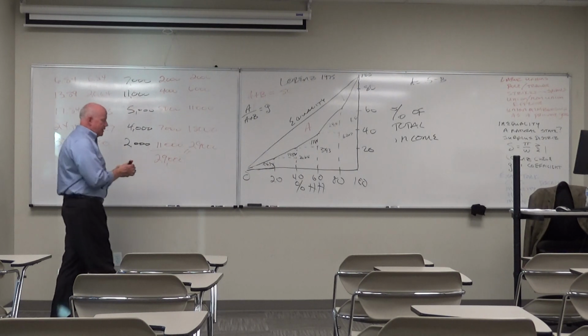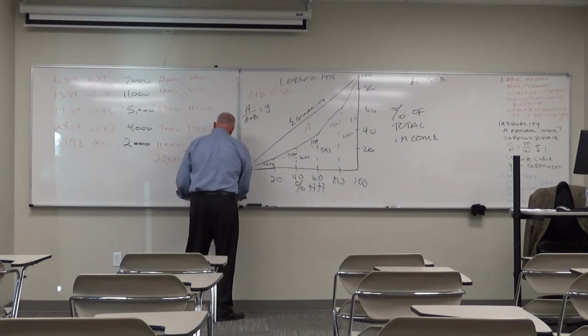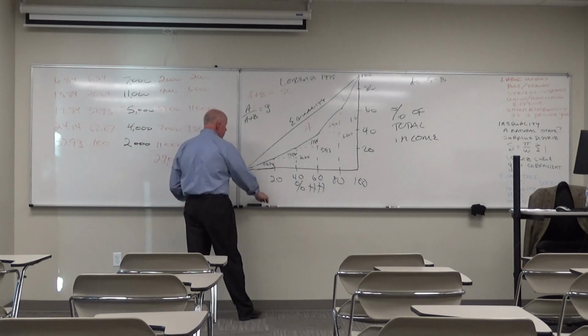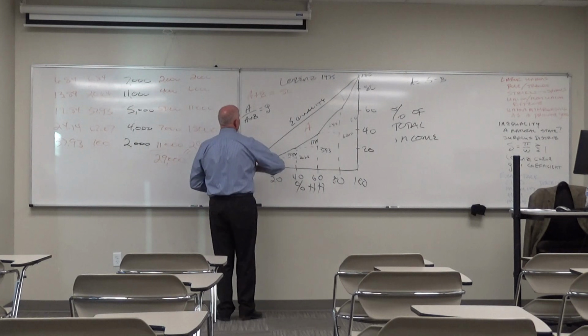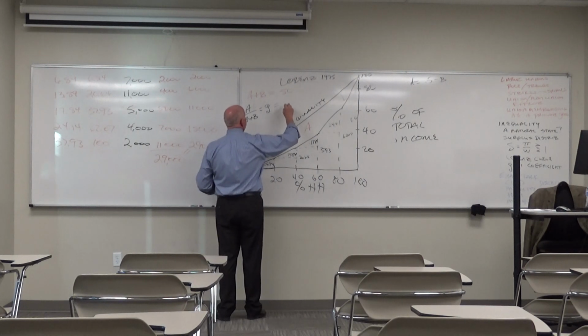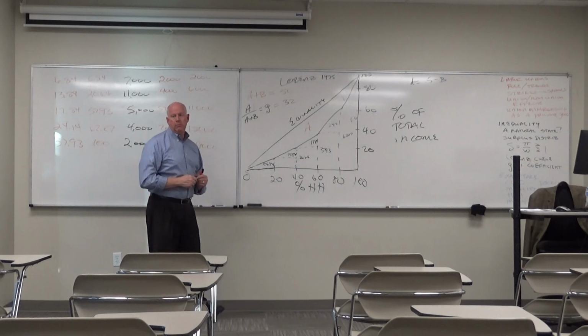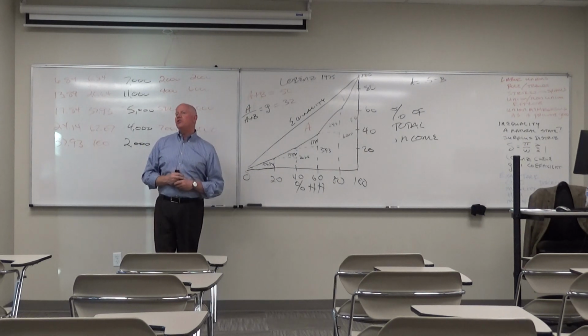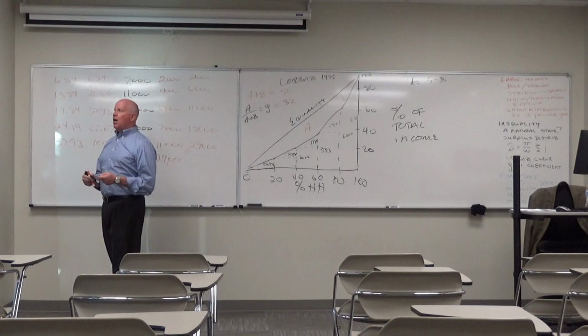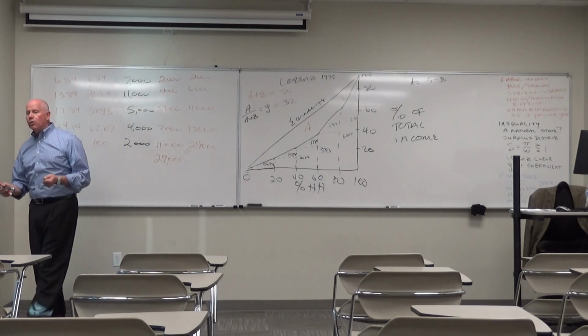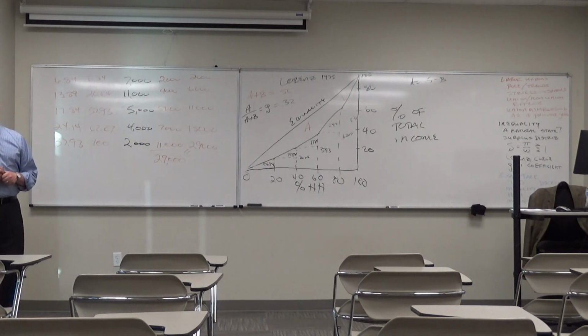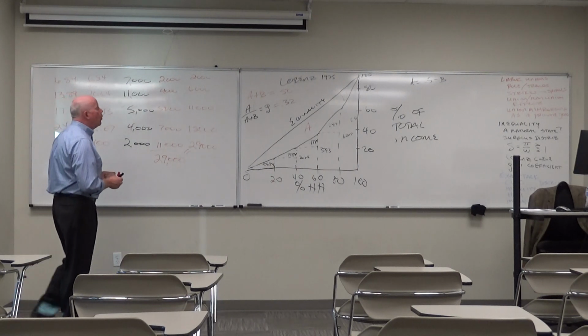Let's assume for a minute, I don't think this is accurate, but let's assume it is. If this Gini coefficient was equal to 0.32, let's say, what would be the Gini coefficient of a less equal society? Would it be more than 0.32 or less than 0.32?